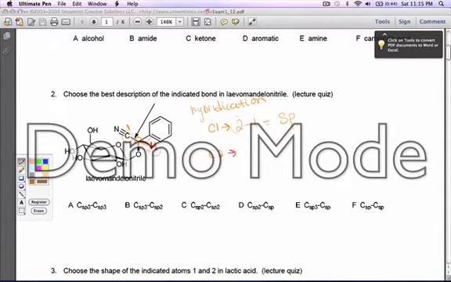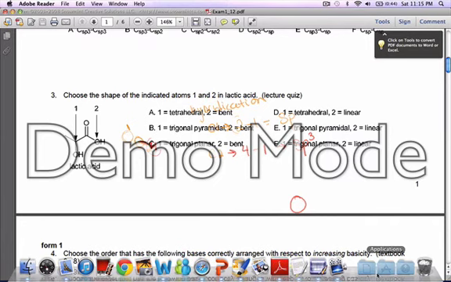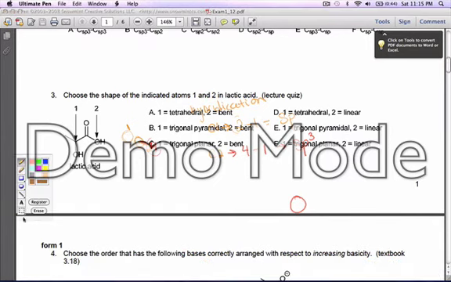So carbon number 2 is attached to 4 things, and that gives sp3. And that is choice number E. Okay, and let us continue. Whoops. And go on to question number 3.